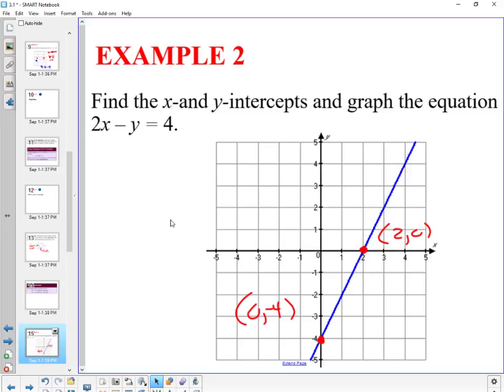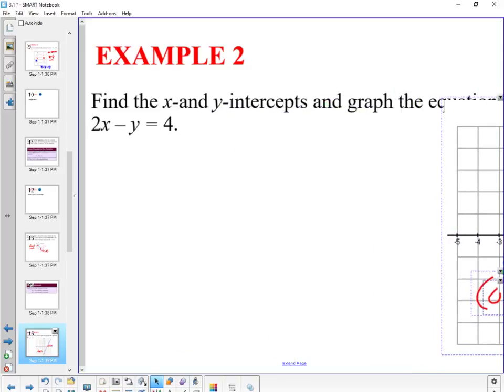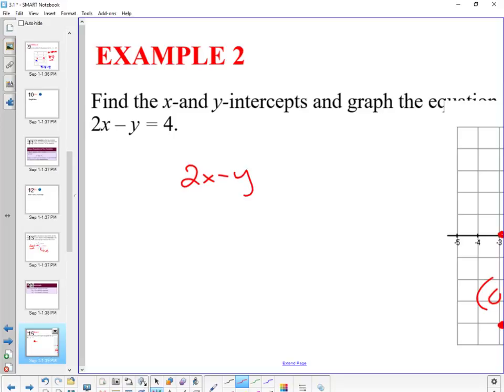How did they get the y-intercept from the equation? So, if you're trying to figure it out from the equation, let's say this wasn't here. That's a good question. I've got this equation, 2x minus y is equal to 4, right? And you want to find the y-intercept? If I want the y-intercept, what do I know about the x?